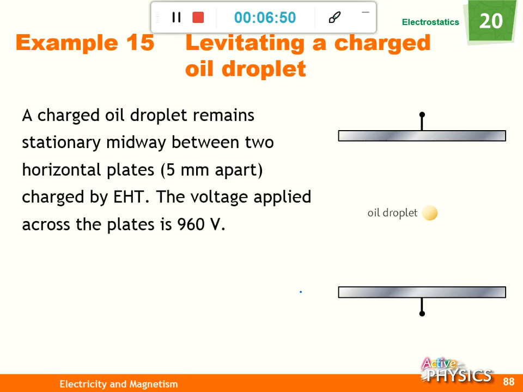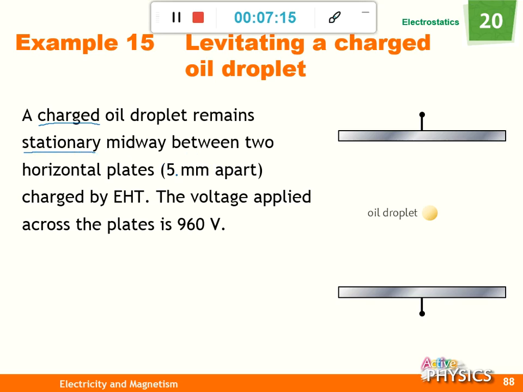Okay, next one. Example 15. Also the parallel plates. We put an oil droplet between them. And this oil droplet must be charged, otherwise, due to gravity, it will drop down. But the question tells us that it should remain stationary.